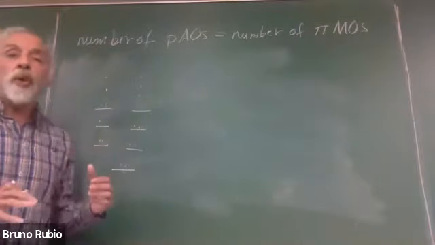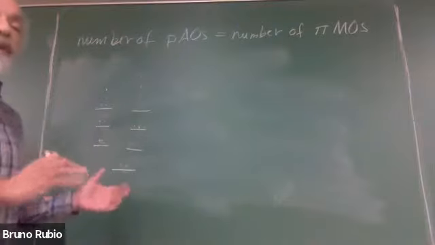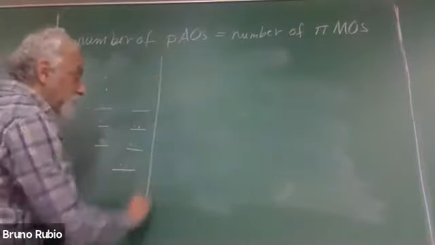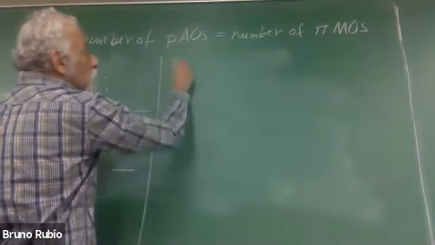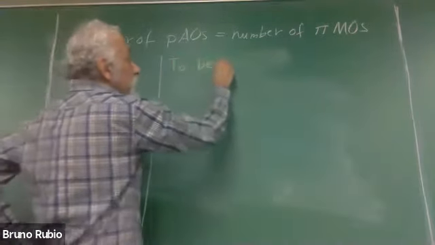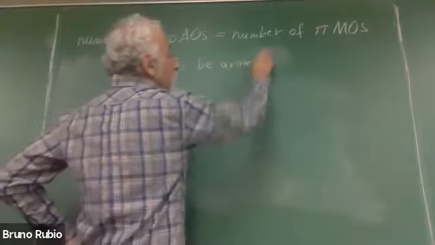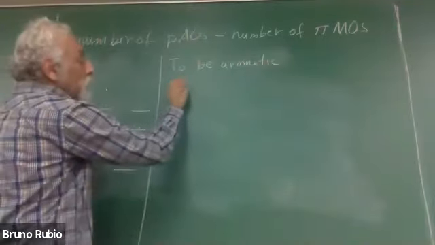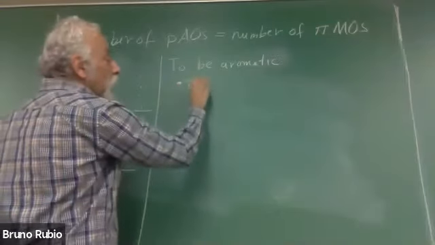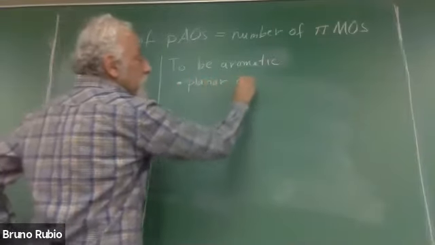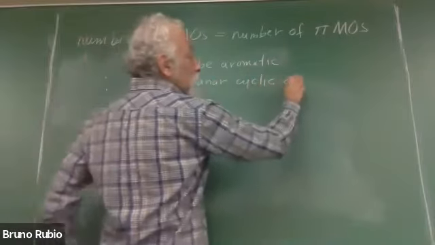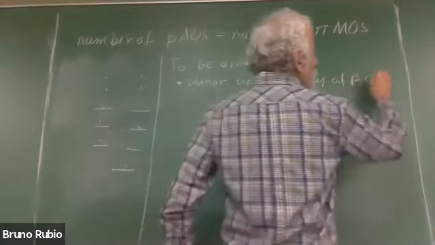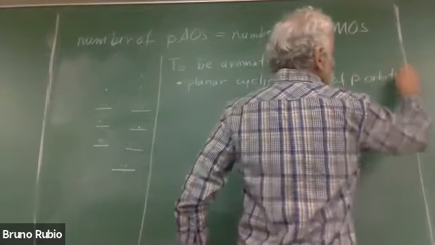And this is the origin of the Huckel 4n+2 rule, which now we can state. To be, or not to be, aromatic. To be aromatic, you must have a planar cyclic array of p orbitals, right?